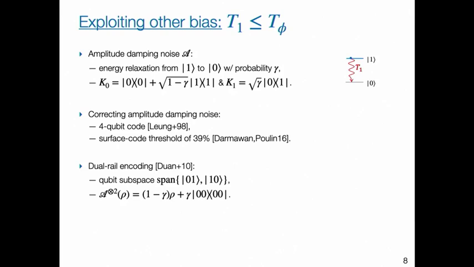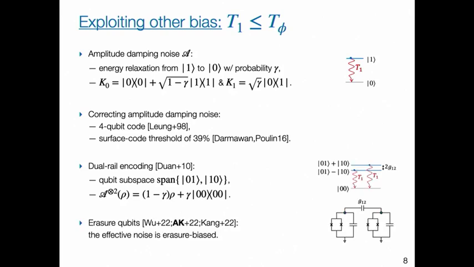If there is amplitude damping noise that affects both qubits, then we can immediately write that with probability 1 minus gamma, if we act on the encoded state, nothing happens. And with probability gamma, the encoded state is mapped to the state |00>. Importantly, the state |00> is orthogonal to the qubit subspace, so it can be detected. So this is basically the definition of erasure noise.